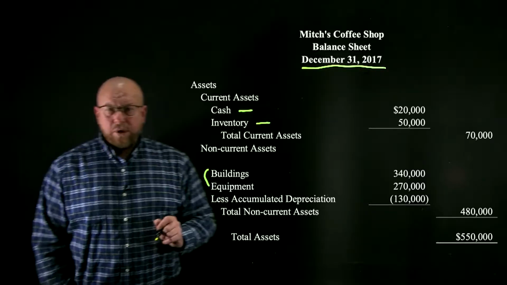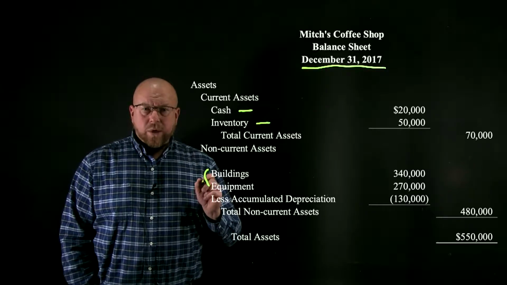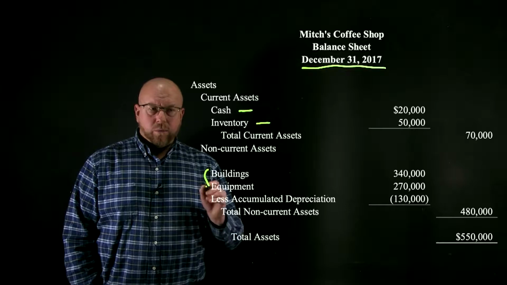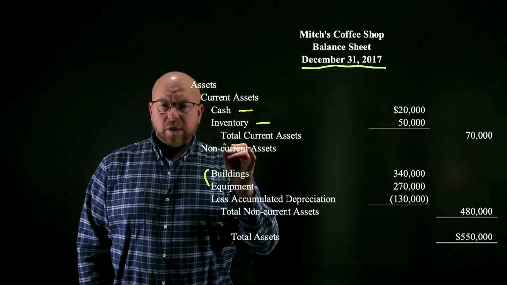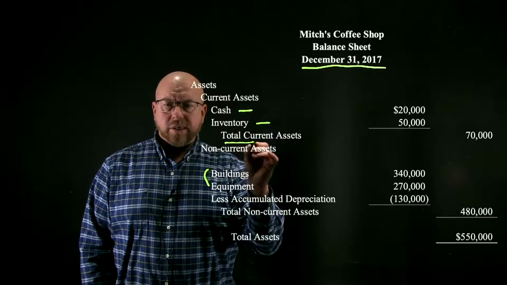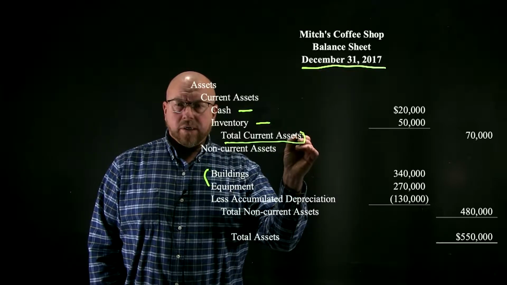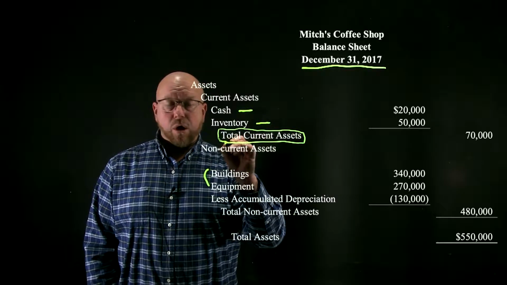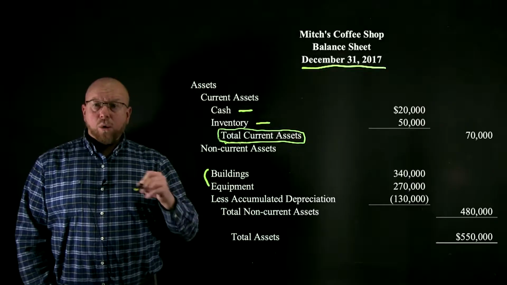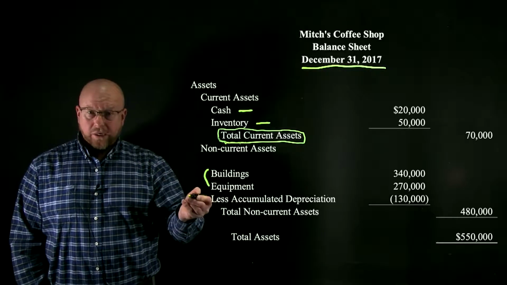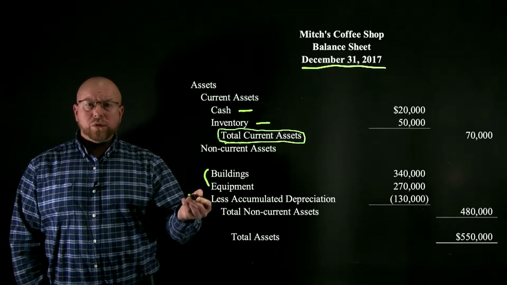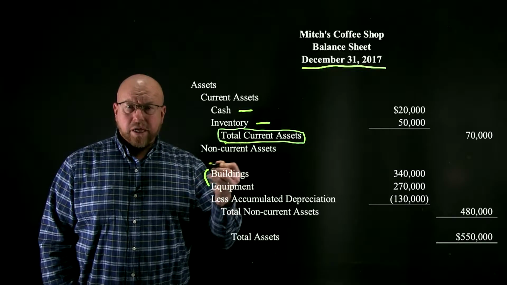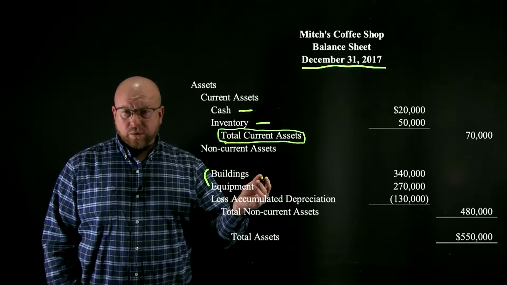Now, what I'd like to point out here is that we have a classified balance sheet. And what that means, if you take a look at this first couple of assets here, total current assets. Current assets are those that are either already cash, or they are expected to become cash, or be used up within the next operating cycle or within the next 12 months.